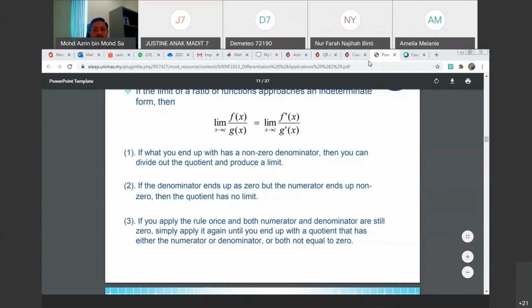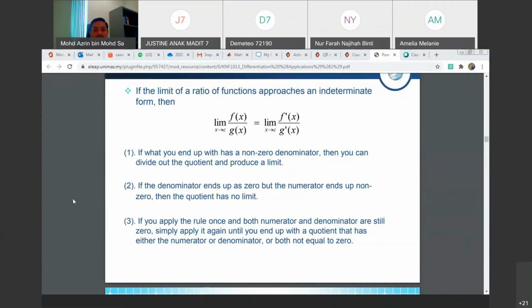So let's say kalau you guna rules tadi ni, you need to simply apply again this rule until you end up with one not equal to 0.